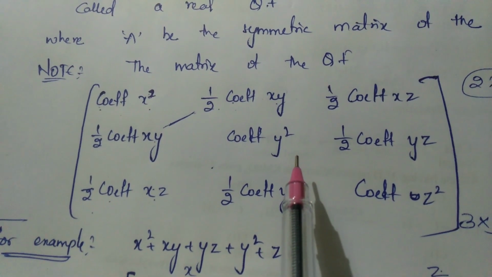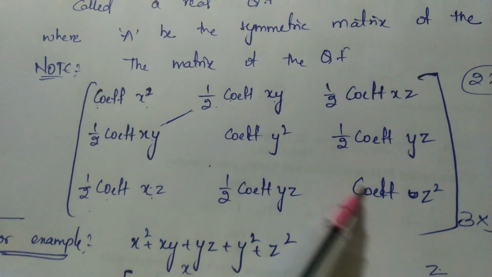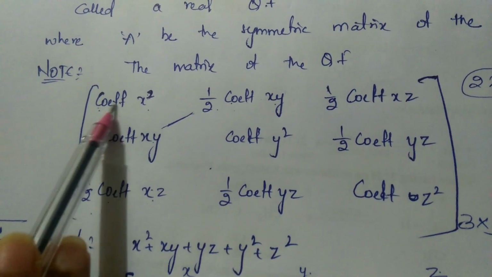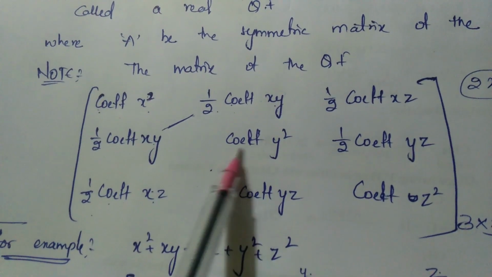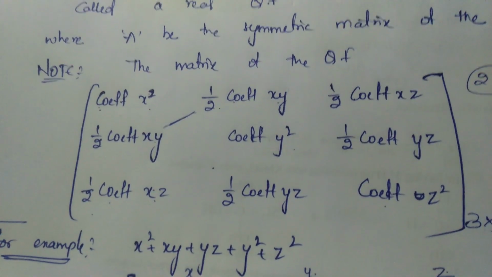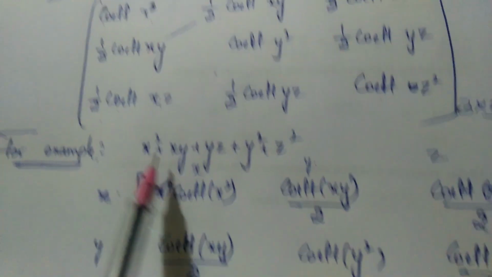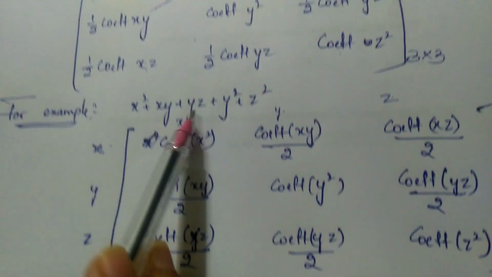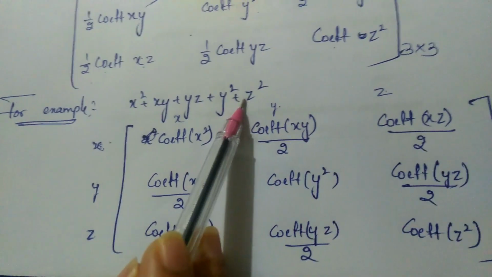So the matrix is always symmetric, and the diagonal elements are nothing but the coefficient of x square, coefficient of y square and coefficient of z square. So for example, if you see one equation here, x square plus xy plus yz plus y square plus z square.